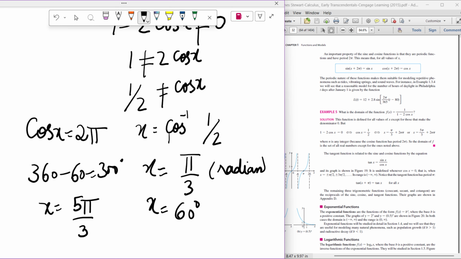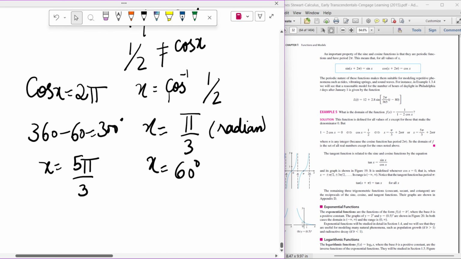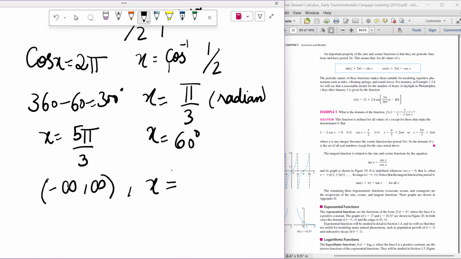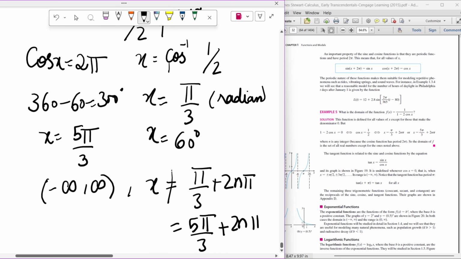So we can easily convert degrees into radians. So when I talk about the domain, the function is defined for all real numbers except x not equal to pi by 3 plus 2n pi and 5 pi by 3 plus 2n pi.